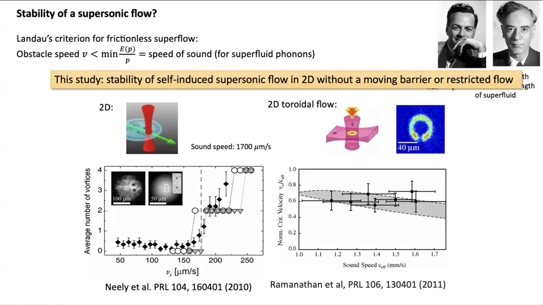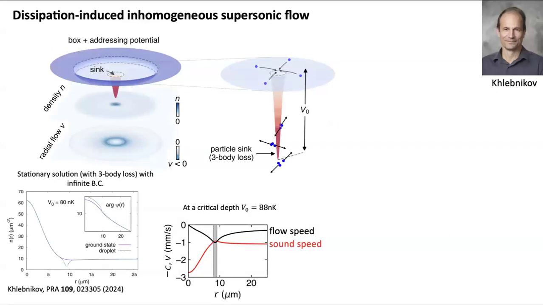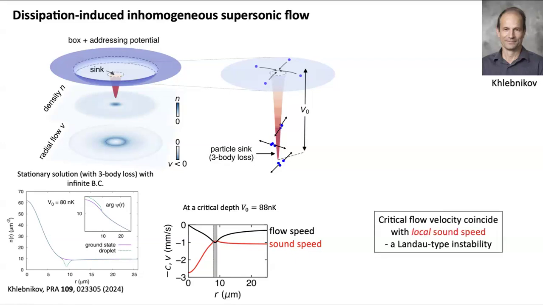Because of the interest of time, I'll just say that my colleagues did the analysis and found that you can find a stable solution as long as the local flow speed never goes across the local speed of sound. But once the flow speed goes across the speed of sound, the stable solution just disappears. So we think this corresponds to some kind of Landau-type instability.